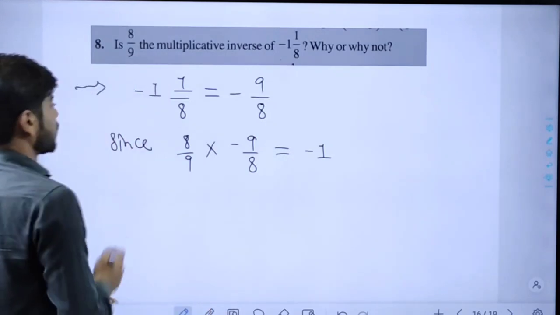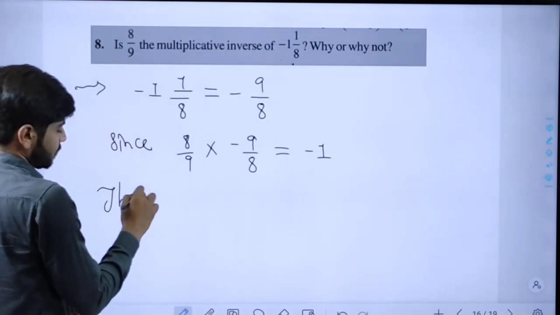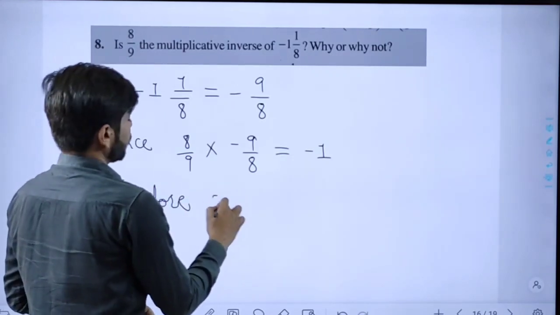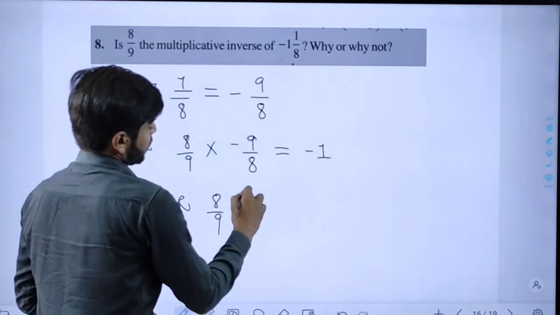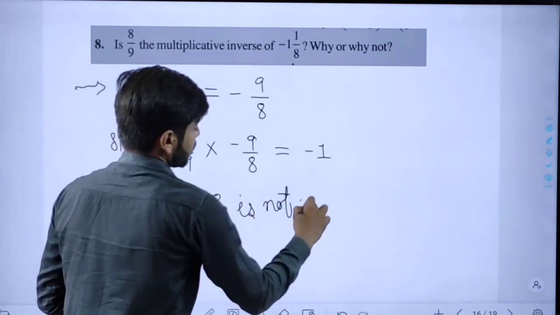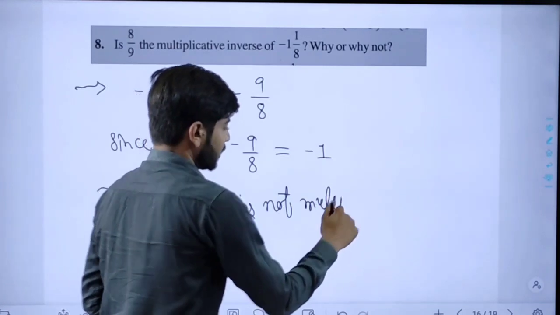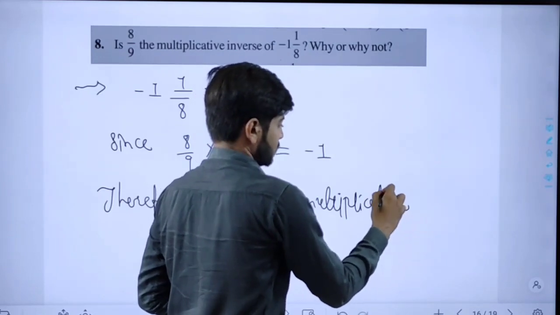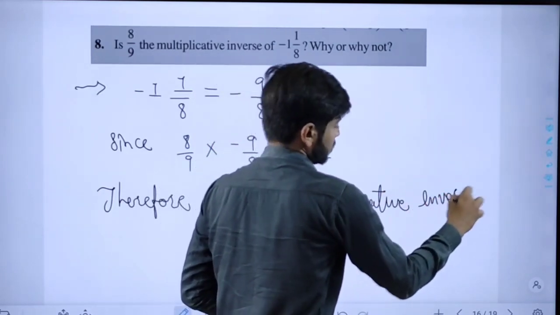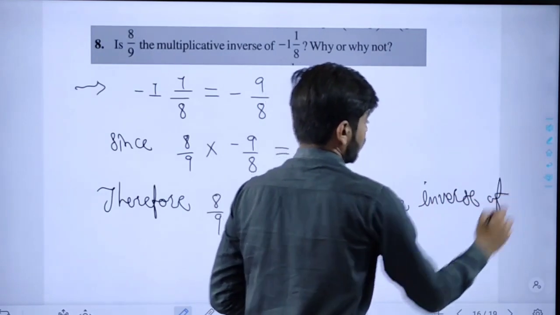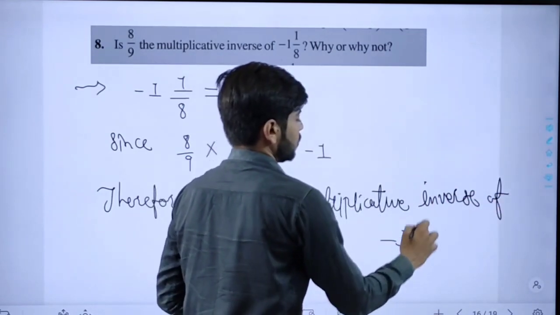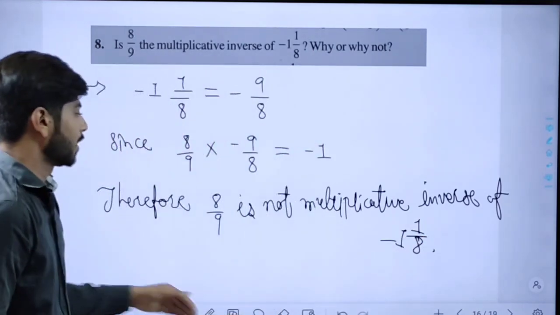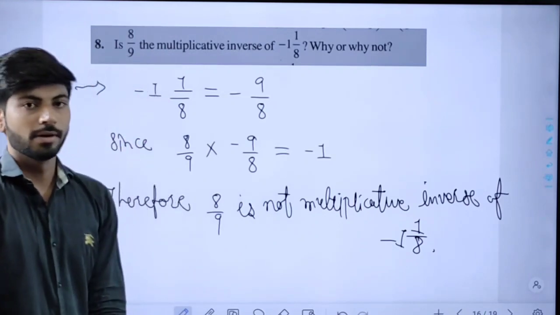Therefore, 8 upon 9 is not the multiplicative inverse of minus 1 upon 8. Okay, so we will write it is not the multiplicative inverse of the given number.